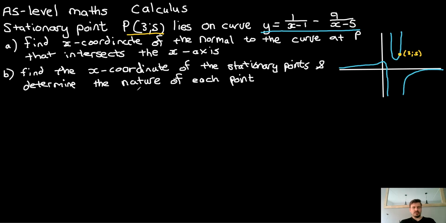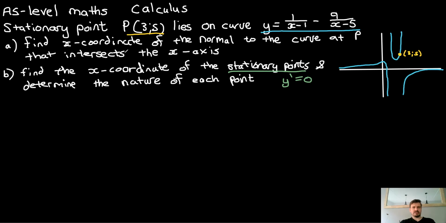When we find the stationary points, we are essentially finding the turning points, and that is where your derivative is 0. So as soon as you get asked for stationary points, this is where y dash is equal to 0. When you find the stationary points, the derivative of your graph is equal to 0.